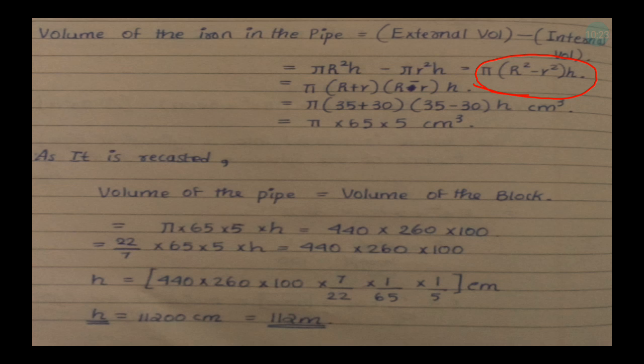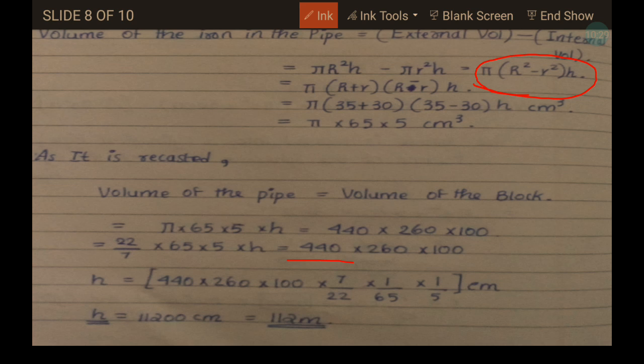Pi is 22/7, so 22/7 into 65 into 5 into h is equal to 440 into 260 into 100. Taking it all together on one side, h is equal to, when we simplify this, 11,200 centimeter. We need to convert it into meter. So the ultimate value is 112 meter.